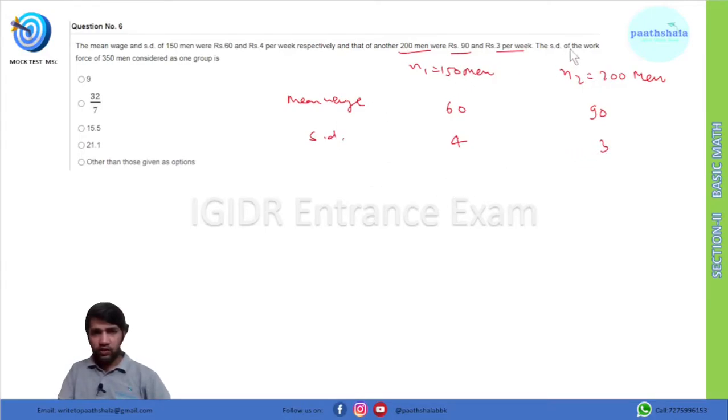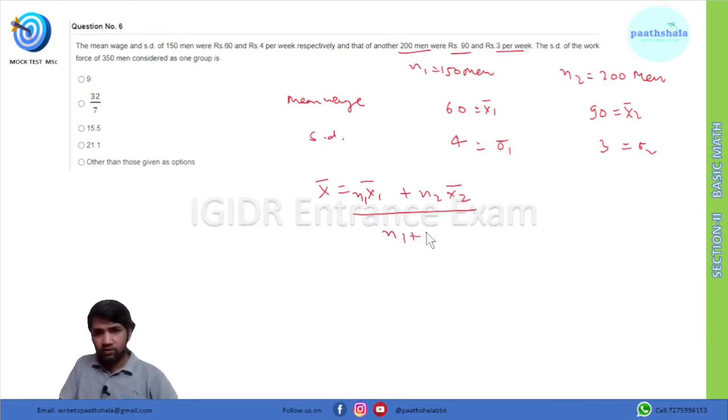So to find out the standard deviation of the combined group, we have to first find the combined mean. Let's say this is x1 bar and this is x2 bar, and this is sigma 1 and this is sigma 2. X bar will come out to be n1 x1 bar plus n2 x2 bar whole divided by n1 plus n2.